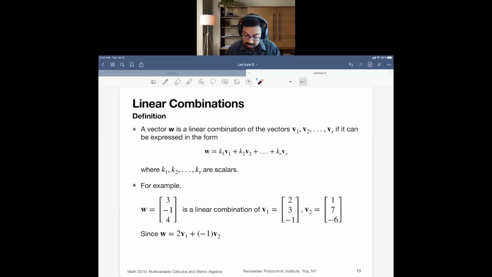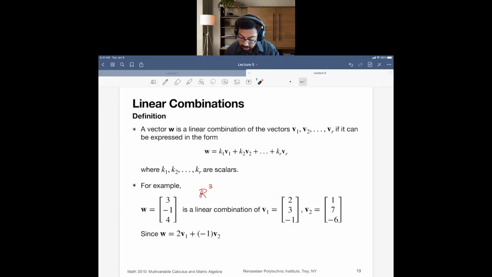Now, for example, let us look at how we can express W as a linear combination of two vectors. W is (3, -1, 4), V1 is (2, 3, -1), and V2 is (1, 7, -6). These are vectors in R cubed, and we are trying to express W as some amount of V1 plus some amount of V2.